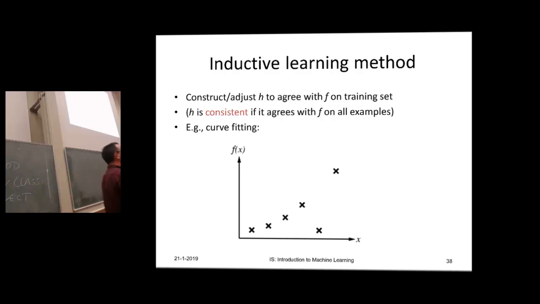And now the task is, how can we come up with an interesting function that can help us for this prediction? There are notions of consistency when it agrees with all the examples that we have. And the task comes down to fitting of a line to predict.